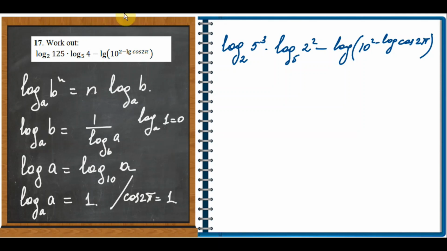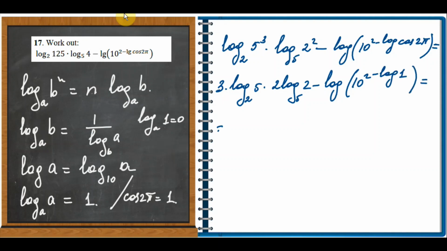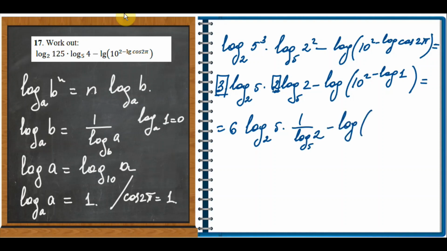Alright, let's continue. We will get 3 times logarithm base 2 of 5 multiplied by 2 times logarithm base 5 of 2 minus logarithm 10 squared minus logarithm cosine 2 pi, which we said is 1. This is equal to 3 times 2, we must multiply the coefficients, they are numerical factors, so it's 6, logarithm base 2 of 5 multiplied by 1 over logarithm base 5 of 2, minus logarithm 10 squared minus 0, because logarithm of 1 in any base is just 0.